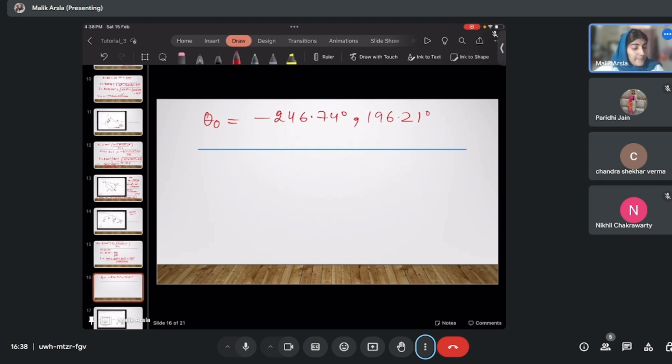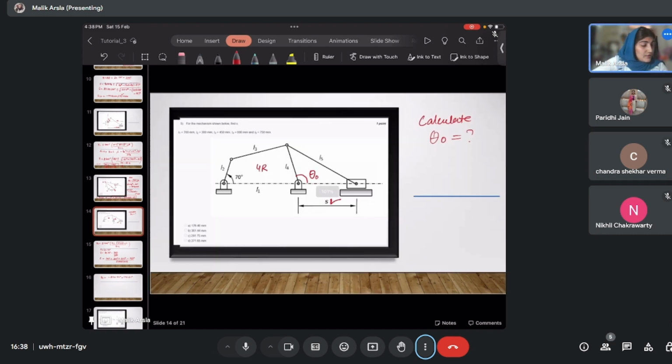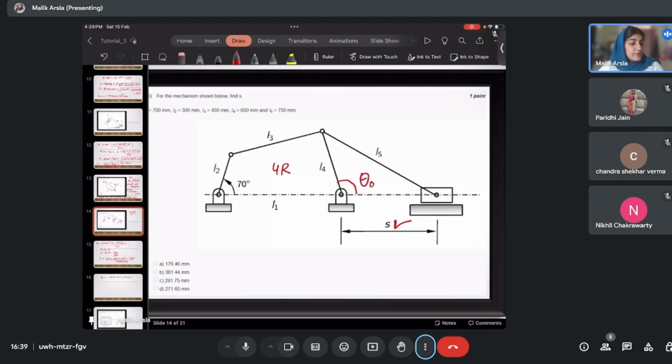See, we have been given this configuration here, and this 70 degrees is fixed, right? This angle is given as 70. Okay, it is fixed. So when this angle is fixed, and since this is a Grashof chain, it cannot cross this fixed axis. You understand that, right?